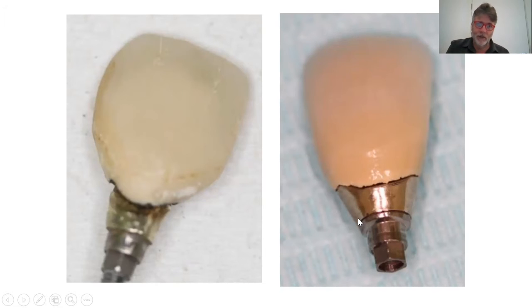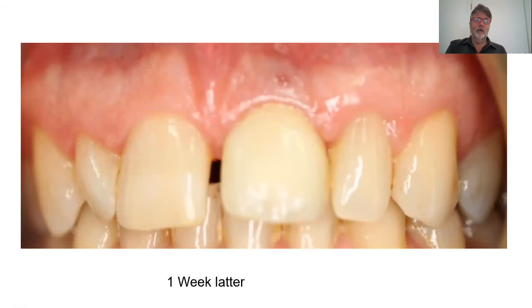We've got a nice emergence profile coming up with a polished metal finish on there, and then we've got our crown margin. We're not trying to take our crown margin down to the head of the implant, as in this case here. So this is a situation where the whole thing had to be replaced, and one week later that's already closing up and looking a lot better than it was.